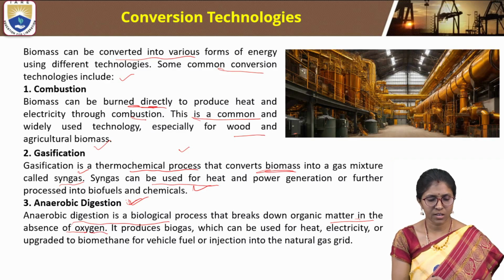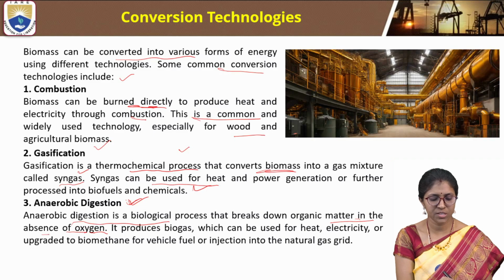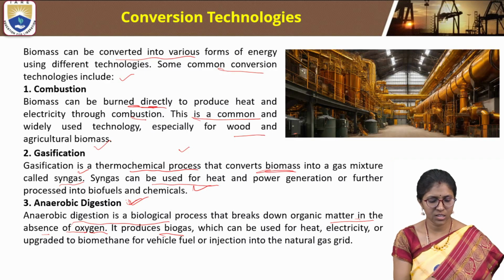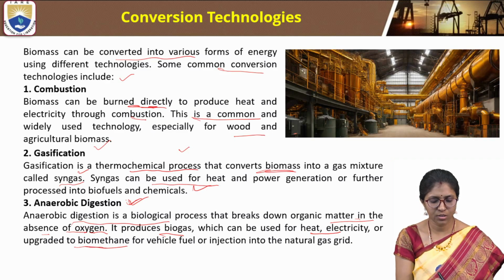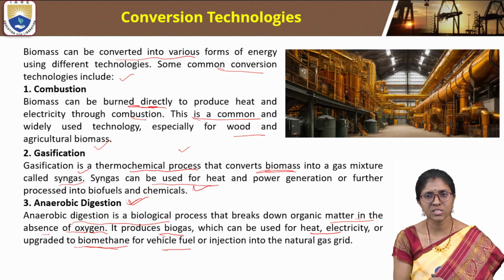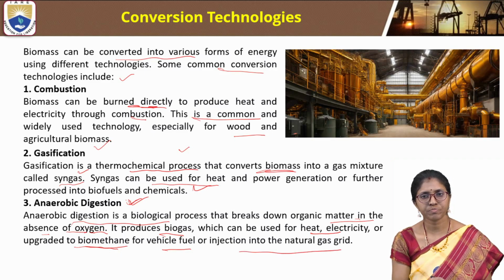It produces biogas, which can be used for the production of heat and electricity, or upgraded to biomethane, which is used as a vehicle fuel and for injection into the natural gas grid.